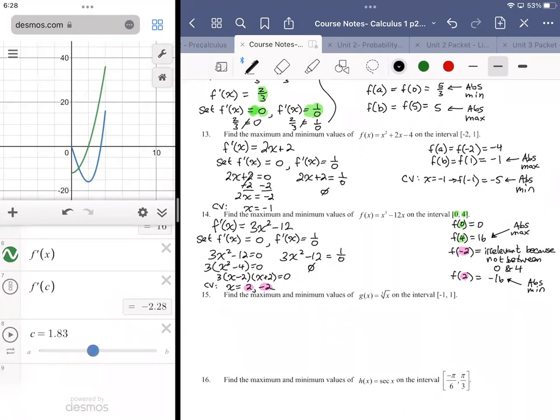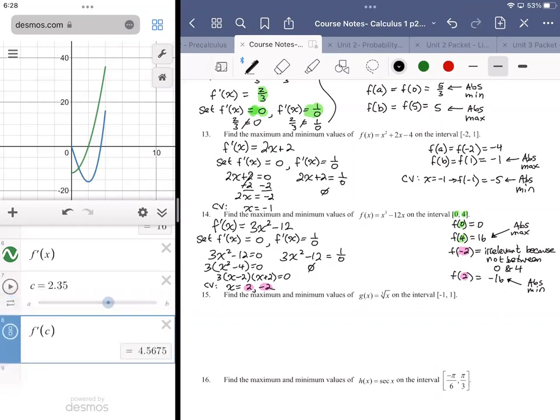So if I'm taking a quick glance, I would see here that around 2, it goes from having negative values to having positive values. And in fact, it might be better to just swap these two. All right. So you see it goes from having negative derivative values to positive derivative values. And at 2, the derivative is equal to 0.